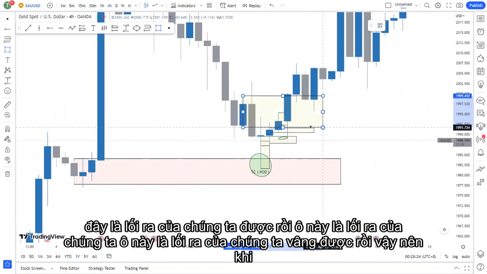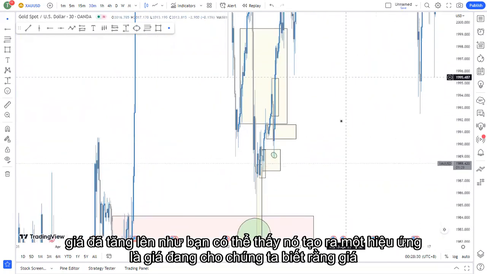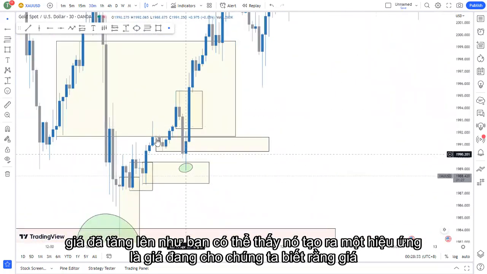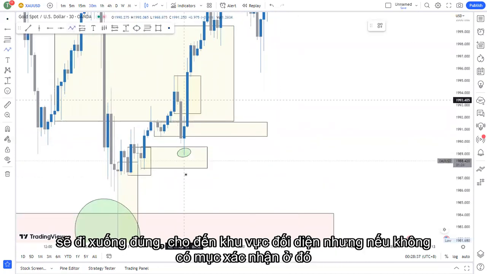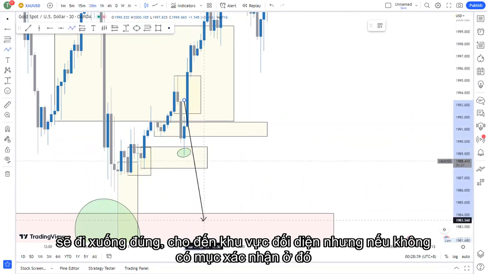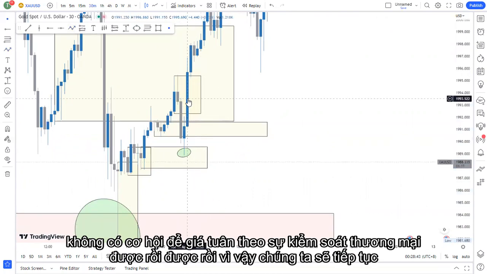Okay, so when the price went up, as you can see, it creates an EF, which is the price telling us that the price is going to go down, right? Until the opposite zone. But if there is no confirmation entry, there is no chance for the price to follow the trade control.